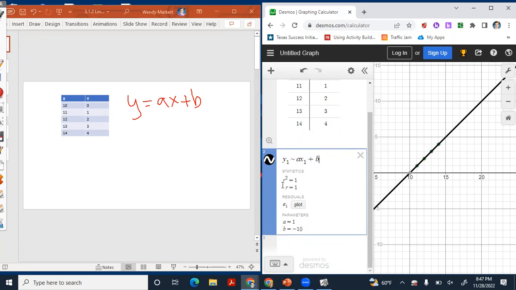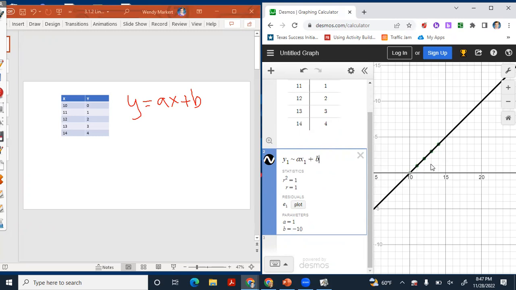And if we scroll down, here we see what Desmos has calculated. So I see my r squared is equal to 1, and my r, which is my correlation coefficient, is equal to 1. R should be between -1 and 1, and the closer it is to -1 or 1, the more linear our relationship is. Because R equals 1, our relationship is perfectly linear, and it's a positive relationship.